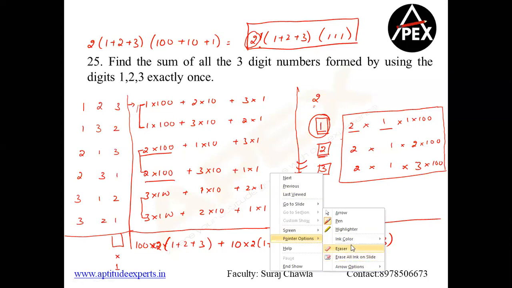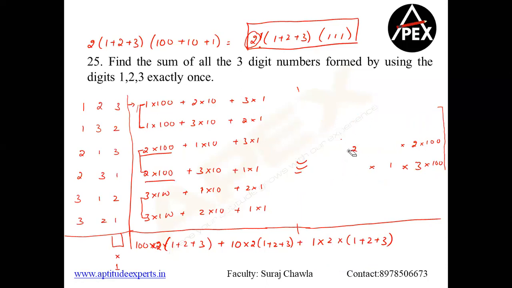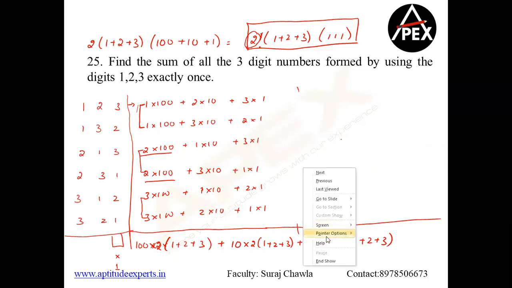Moving forward, so in short, I am replacing this formula here. If you have non-zero digits, the understanding of the 2 factorial is all the more important when 0 is involved, okay? Now, in short, the formula is if you have n non-zero digits, clear?